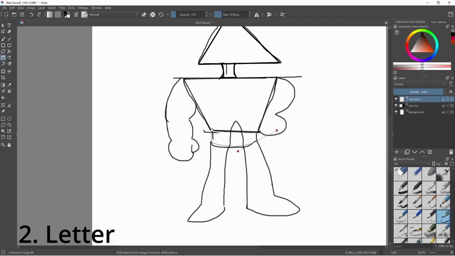The second is going to be letter. A little bit ago, you saw me drawing a W, a double U. This will determine how the body will look, specifically the torso.